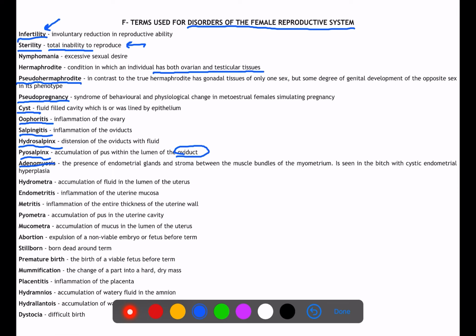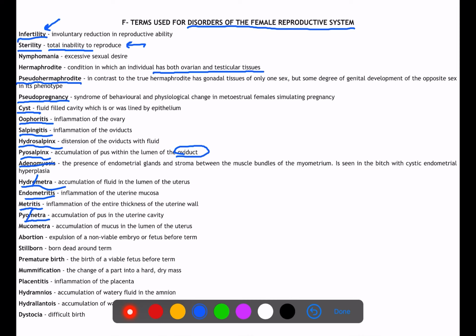Adenomyosis is when the endometrial glands migrate to the muscular layer and proliferate within it. Hydrometra, as the name suggests, is fluid within the uterus. Endometritis, we discussed it. Metritis, we discussed it.